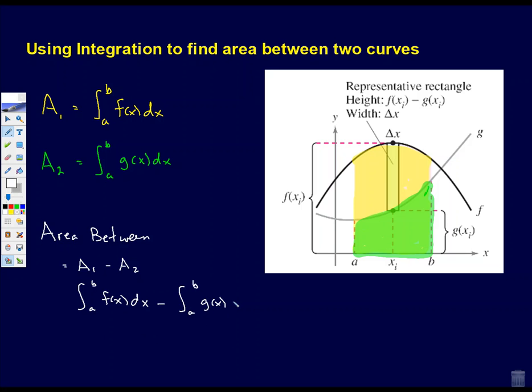And now one of our properties of integration is if two integrals are being combined like this and the interval is the same for both, you can actually combine it into a single integrand. So our final way of writing this will be the integral from a to b, and the integrand could just be the difference of f of x and g of x.